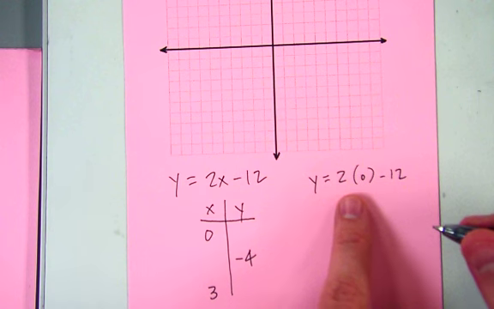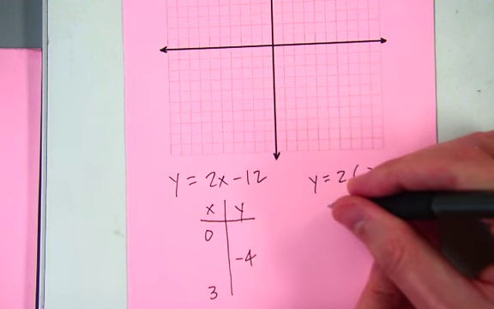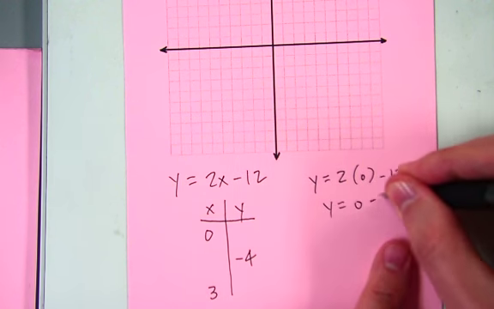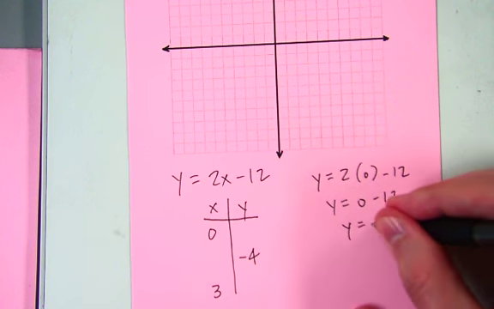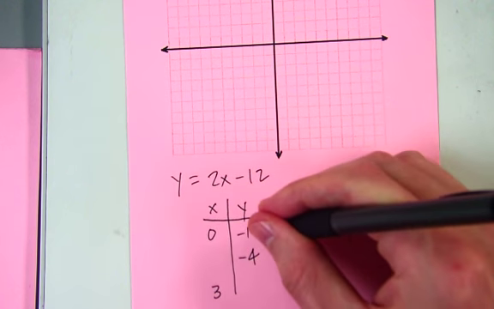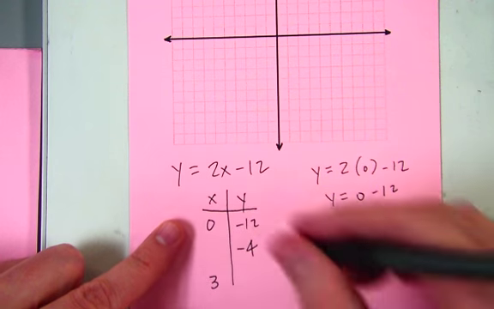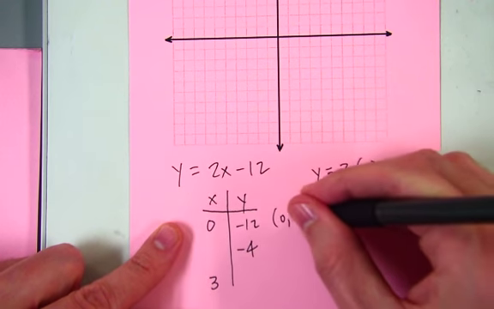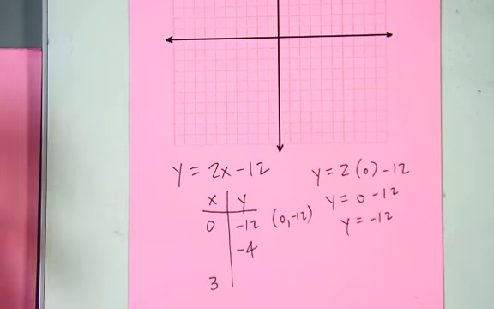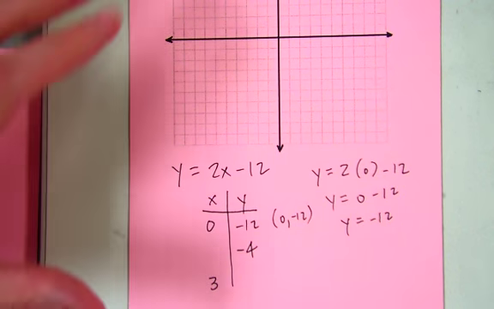We just work this out. 2 times 0 is 0. And then 0 minus 12 is -12. And so 0 and -12 is going to be one of my points in my t-table, and that gives me an ordered pair. Since it's an x and a y value, remember ordered pairs are in x comma y form, so 0, -12 is going to be a point on our graph.